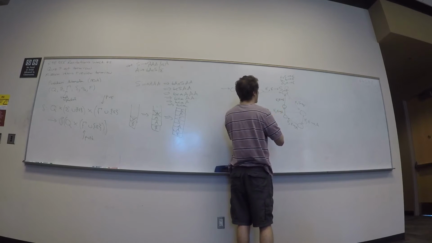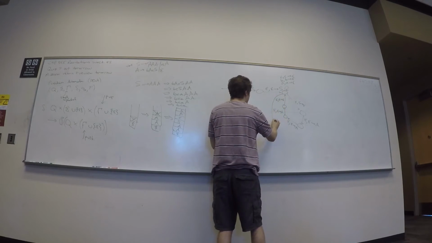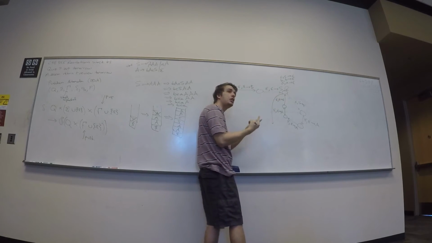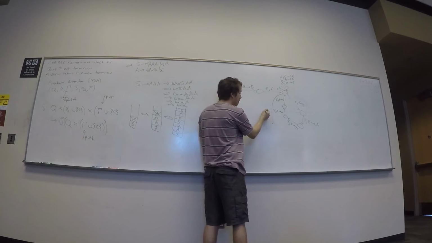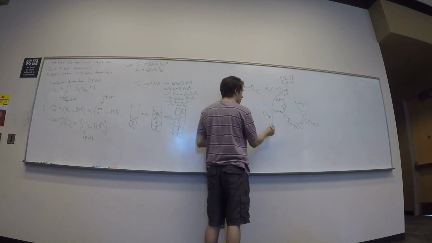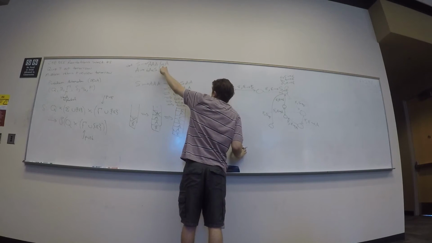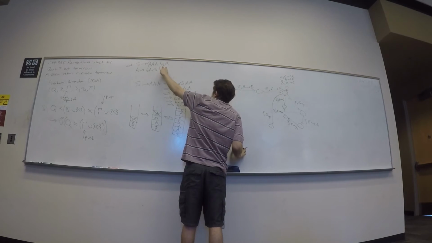So let's see, where do I have room? So I'm going to come down here. Well, on this transition, I better still pop the S off the stack because it's still in the stack in this case. But I need to push these on in reverse order. So which one should I push first? The big A, right?